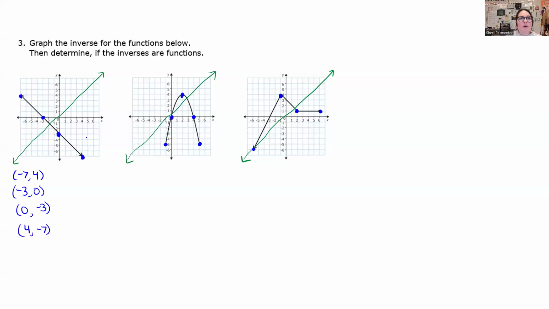And I'm going to jot down the points for my second and my third graph. What you're going to do is write down the inverse points and then sketch the inverse. You have to write down these as well.